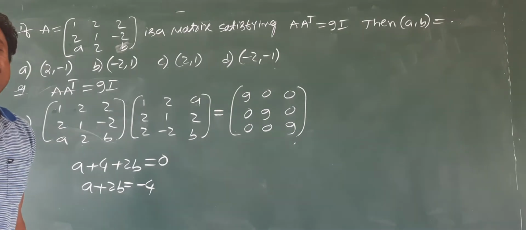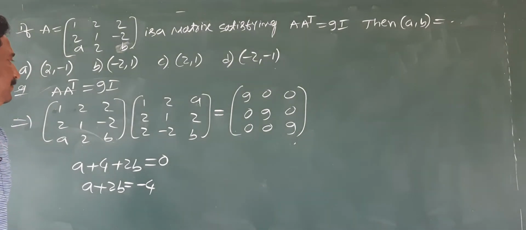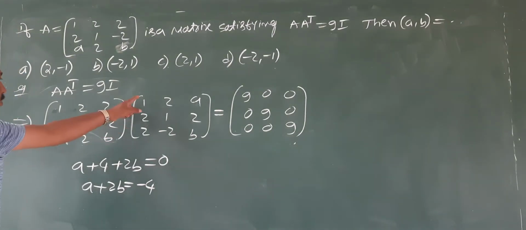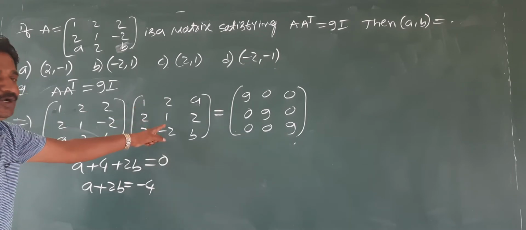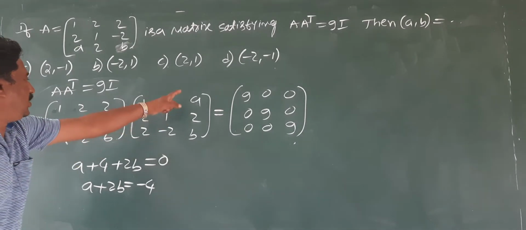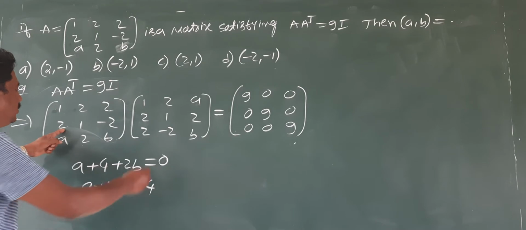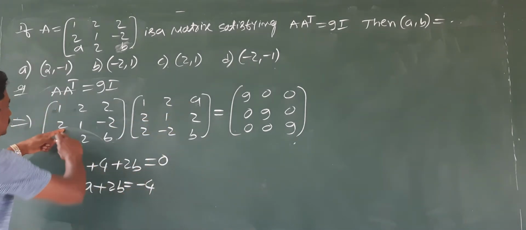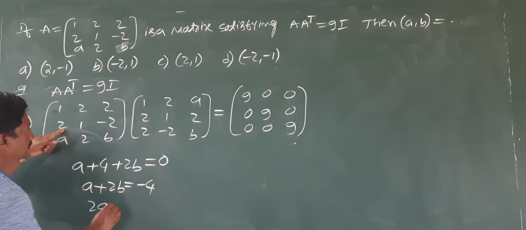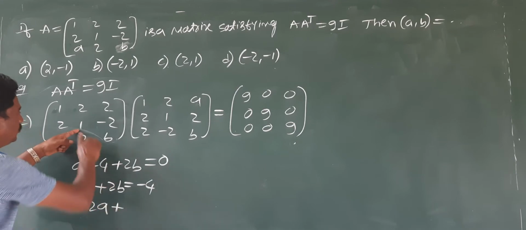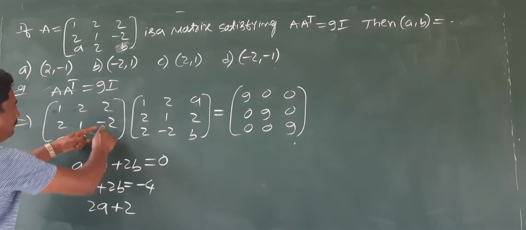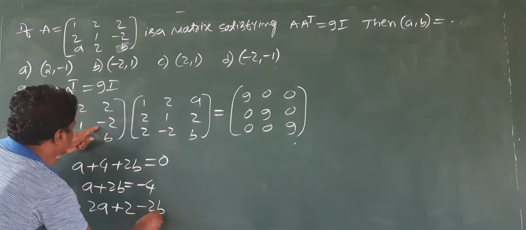Let us try to get one more linear equation of the same type. Second row, first column and second row, second column are not required. Second row, last column: 2 into a, 2a, plus 1 into 2 is 2, minus 2b.